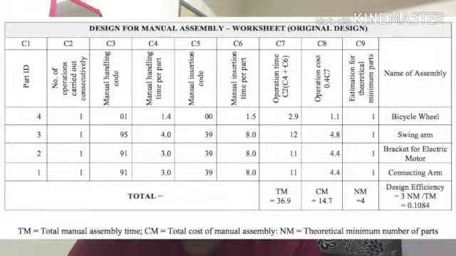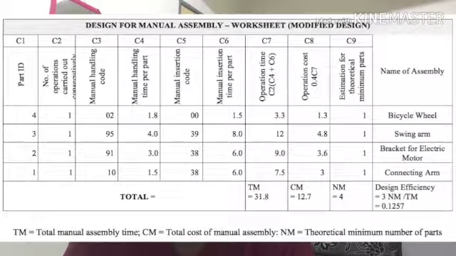So the redesign has been made by our group, so the new redesign method can be seen in the full report, and there is a comparison between the original part and the modified part. After the new redesign or modified design, each part, which is 4 parts, goes through the evaluation by Boothroyd Dewhurst worksheet to determine the manual handling and manual insertion time.